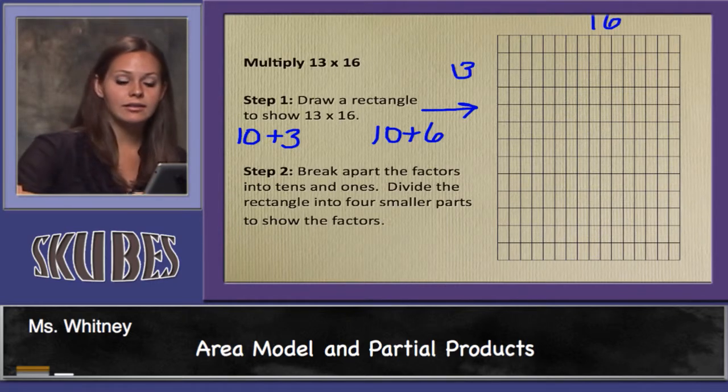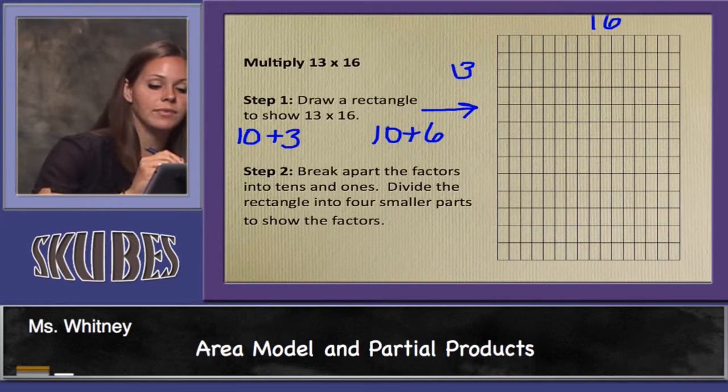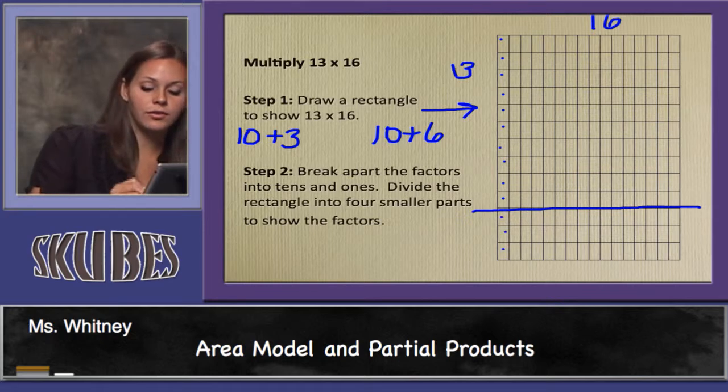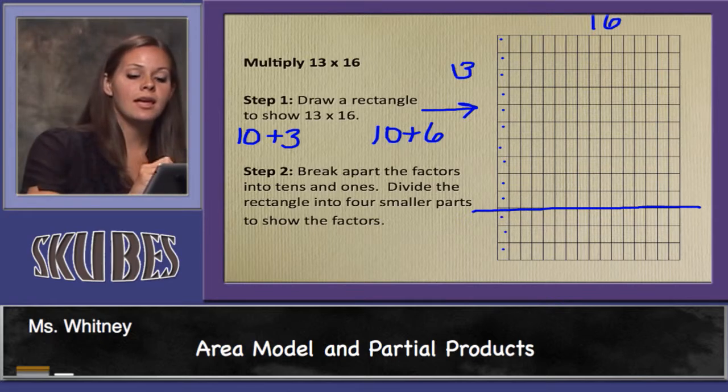Let's start with 13 and break apart our factor. We have 1, 2, 3, 4, 5, 6, 7, 8, 9, 10. We'll make our division. And 1, 2, 3 to make 13.